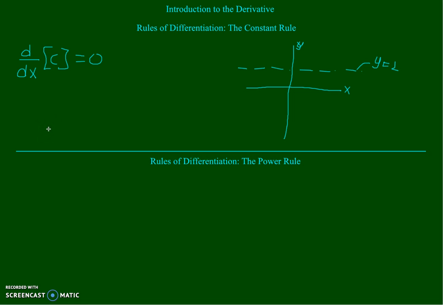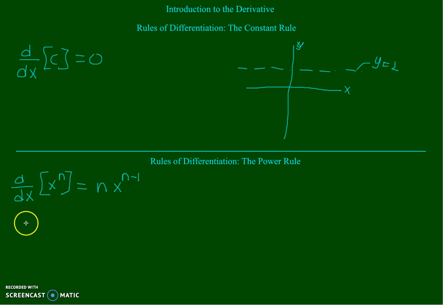Now the next rule we're going to look at is the power rule, and this is arguably one of the most important rules in differentiation. And the power rule says the derivative with respect to x of some variable function to the nth degree is equal to the degree times the function to the degree minus 1.